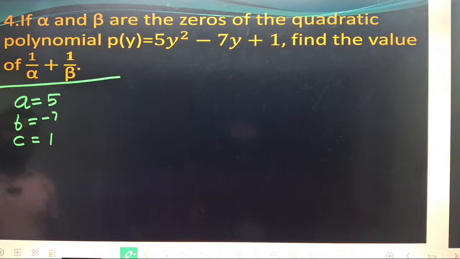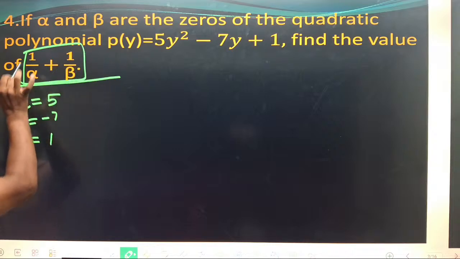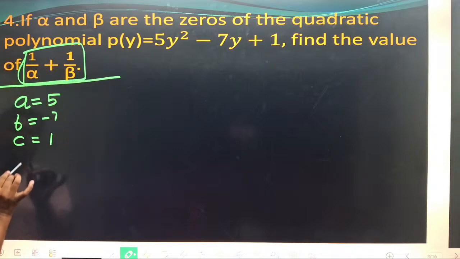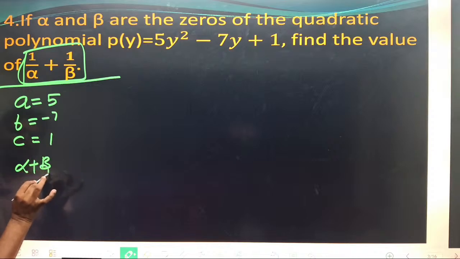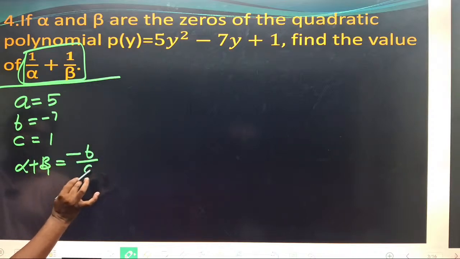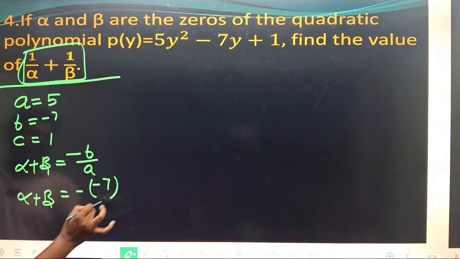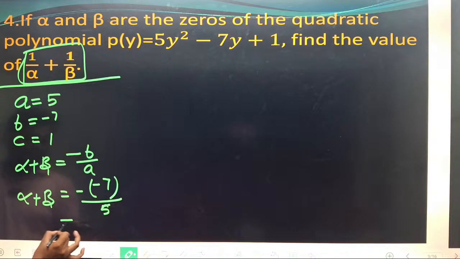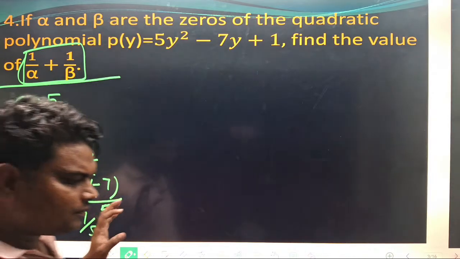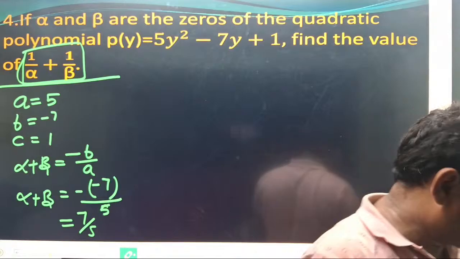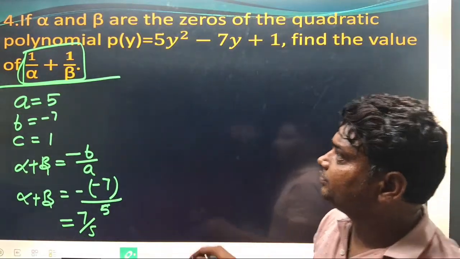Sum of zeros, alpha plus beta, is equal to minus b upon a, which is minus of minus 7 upon 5, so it comes out 7 upon 5.